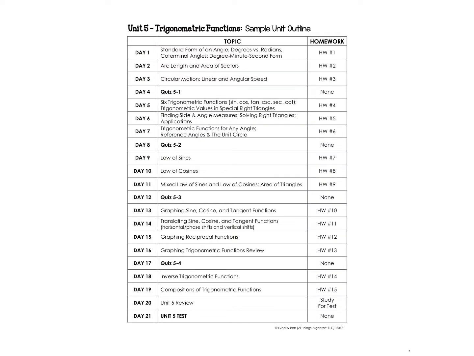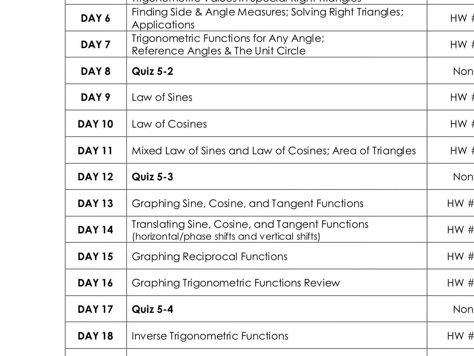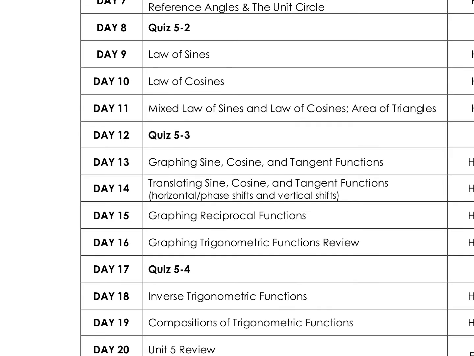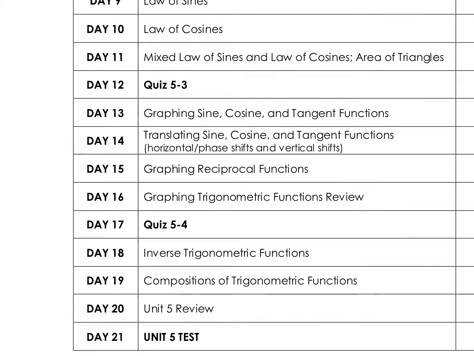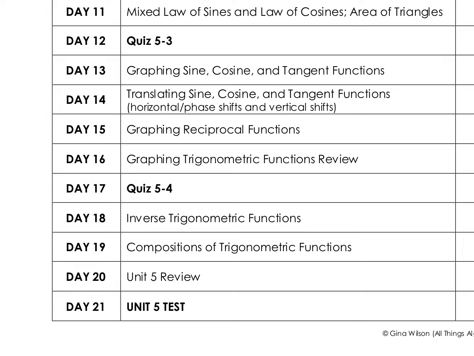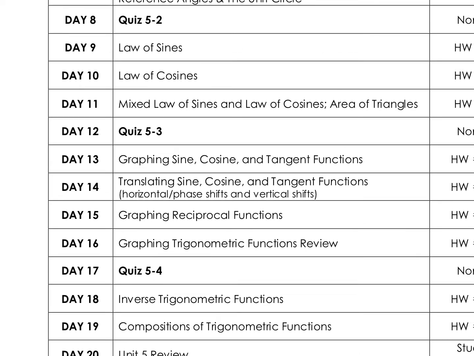All right, trigonometry students who are in pre-calculus, we are going to be moving on to graphing trig functions again. We've done it once, but we are now going to be translating them.